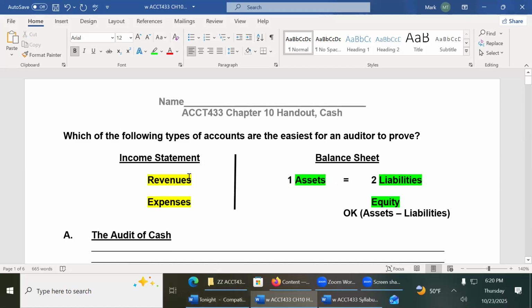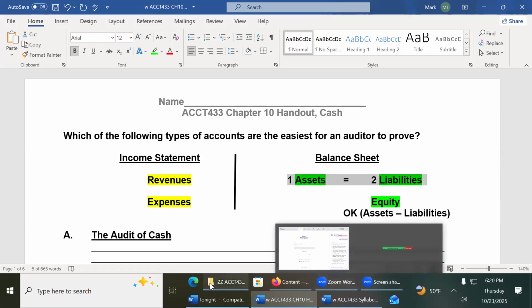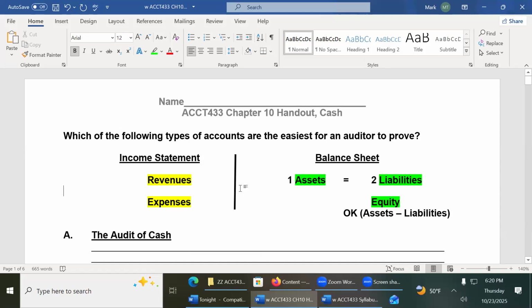So even though the revenues, if the revenues are overstated, as long as they overstate the expenses, in total, the net income should be okay, or else these two wouldn't balance. So we know that the income statement, at least the income itself, is probably okay if these two are. So we really beat up the balance sheet, especially the assets and liabilities. That's how we do the auditing of any company. You beat up the balance sheet, make sure that the assets and liabilities are within reason, not materially misstated, and then you pretty much know the rest of the stuff is okay.